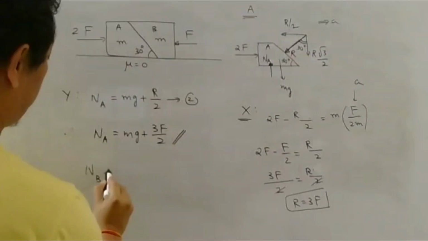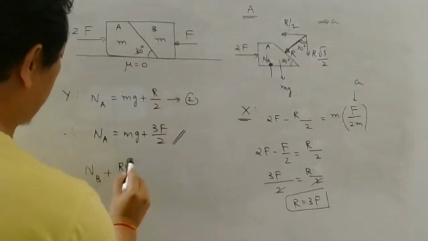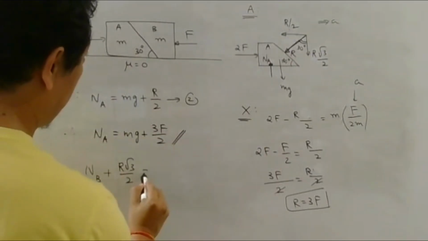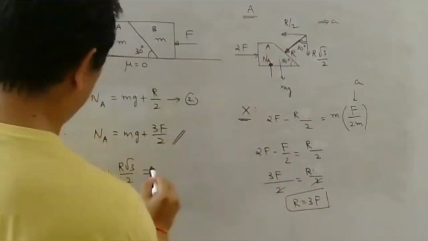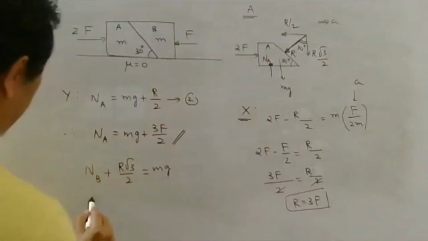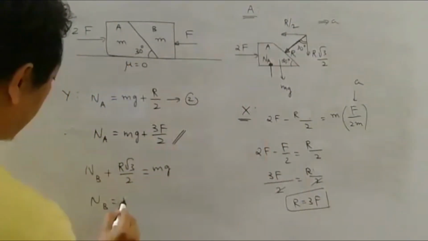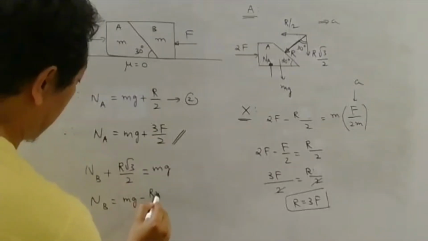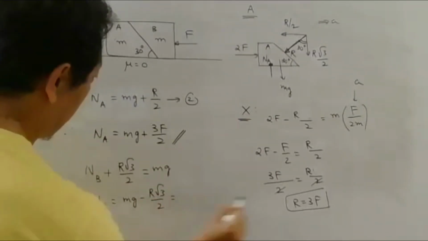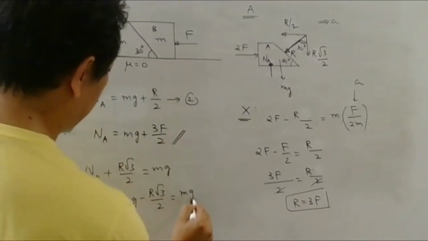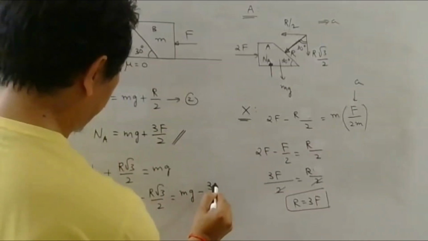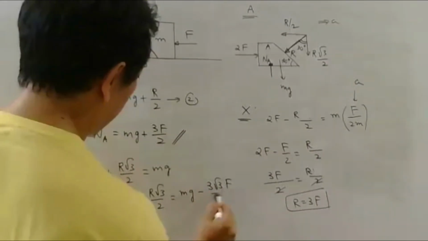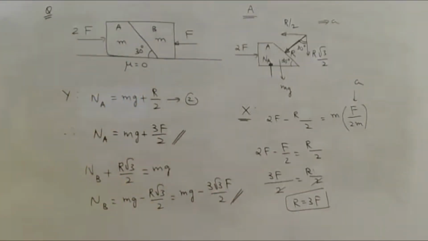So N_B plus R root 3 by 2 should balance the downward force, which is mg. So N_B will be mg minus R root 3 by 2. R is 3F, so mg minus 3 root 3 F by 2.